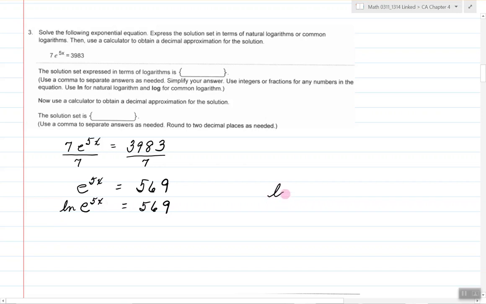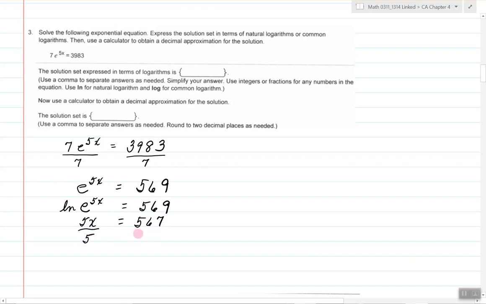You could say that the natural log of e to the 5x, that could go as the coefficient, it is 5x times the natural log of e, but the natural log of e is 1. 5x times 1 is 5x. But one of the properties takes advantage of that and says, because the base of the natural log is e, and this base is e, those are inverses, and you get 5x.